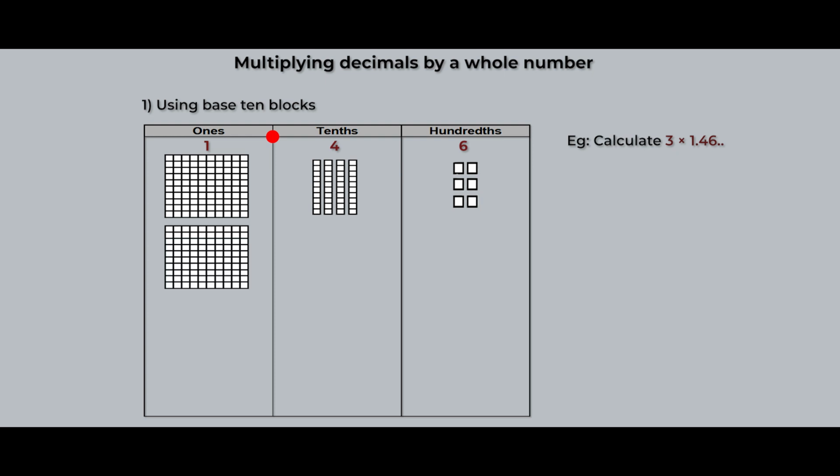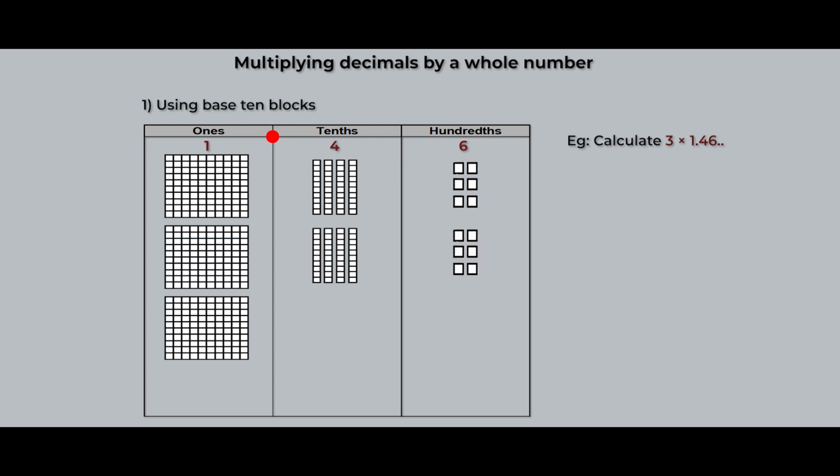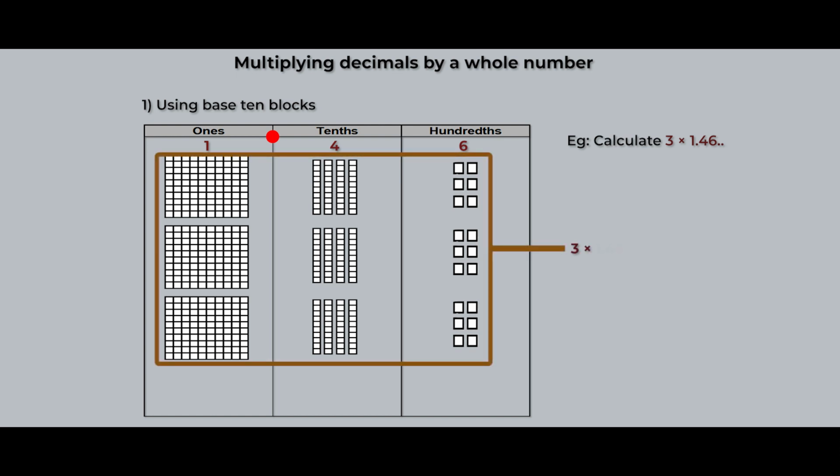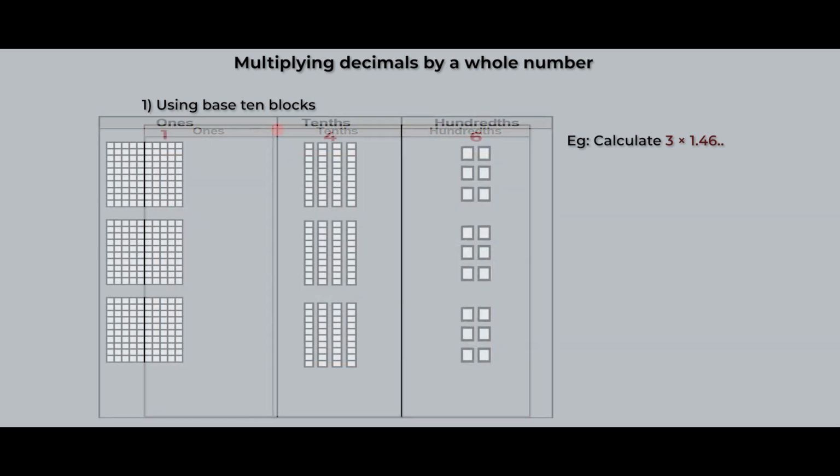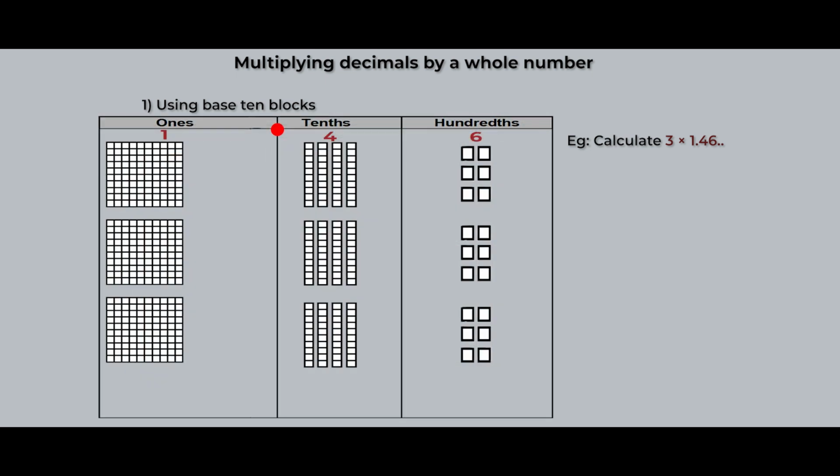Second, we insert the same thing. Third, again we place the same thing. These make 3 times, meaning 3 times 1.46. Now we'll add whatever we have placed in the place value chart.